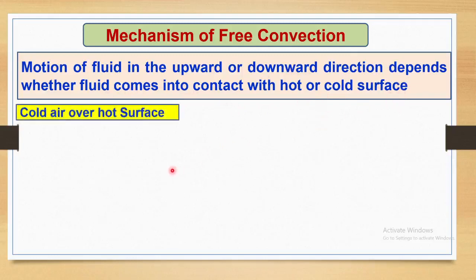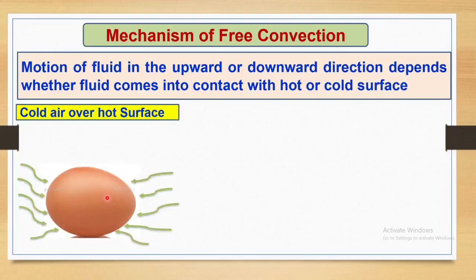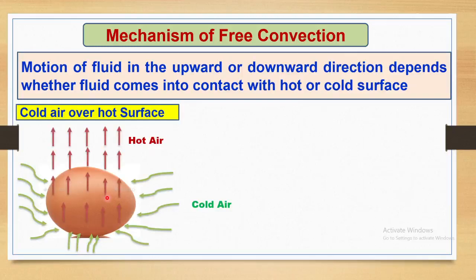For example, when cold air is flowing over a hot surface, let us consider a hot egg. It is exposed to the cold air. So cold air will come into contact with this hot egg, will become heated and lighter, and will move in the upward direction.